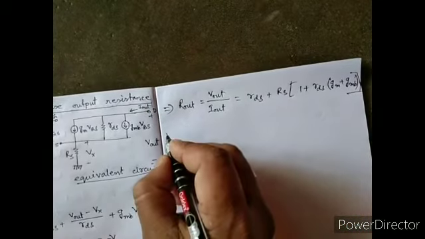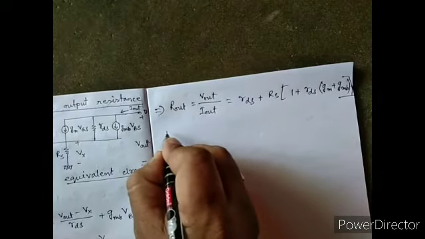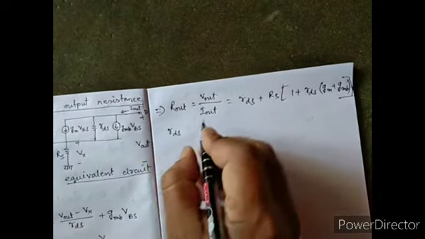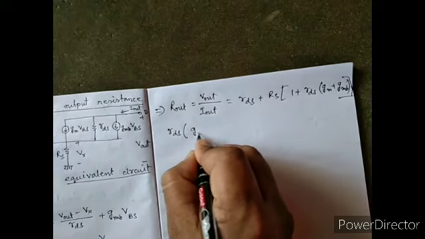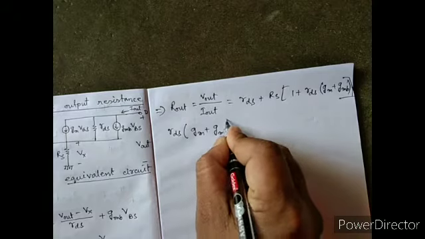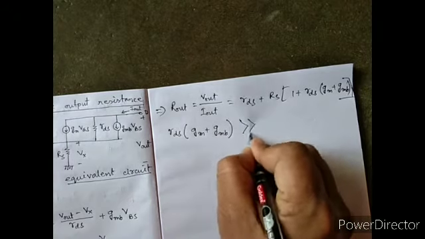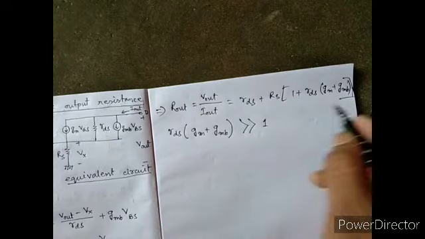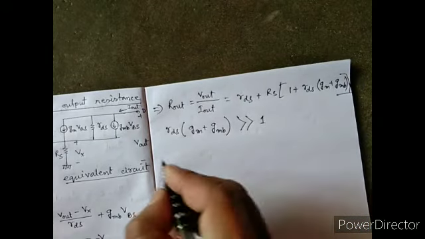Now the point is that Rds into Gm plus Gmb is very much greater than 1, so we can neglect this one.